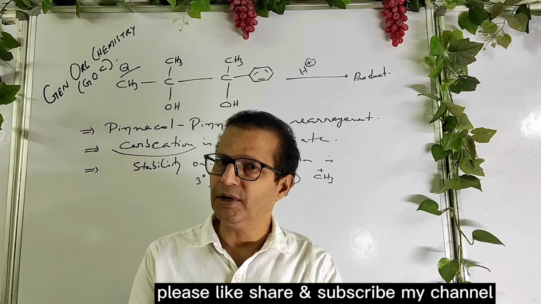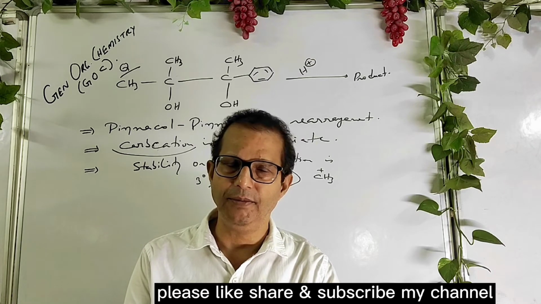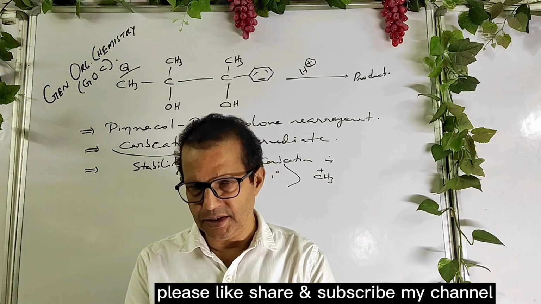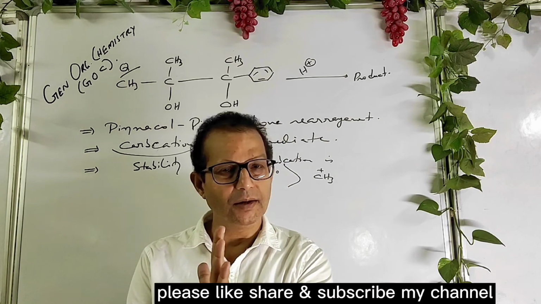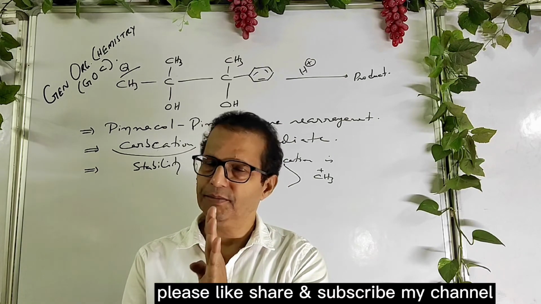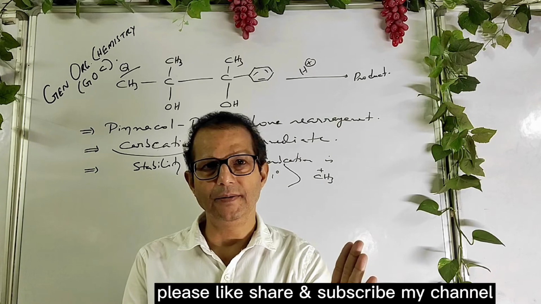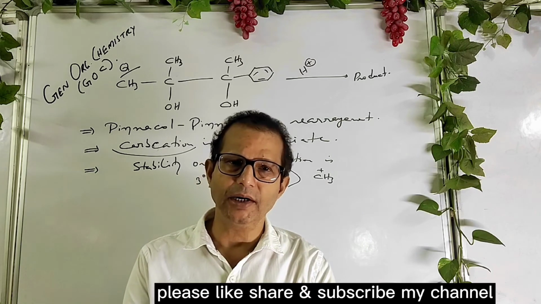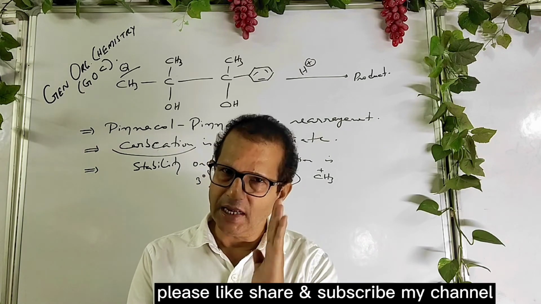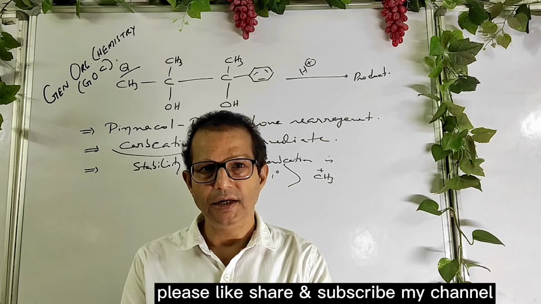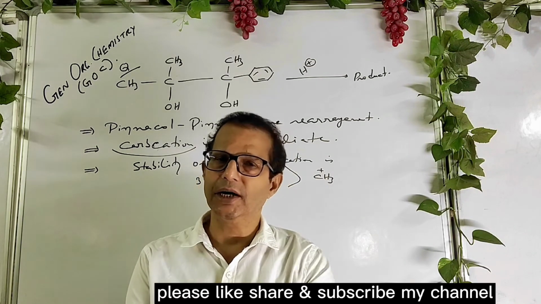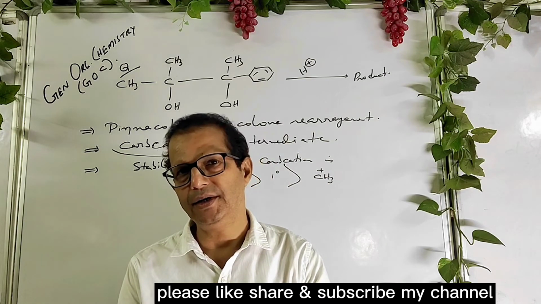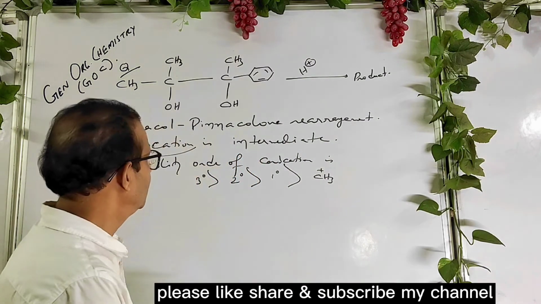If primary carbocation is formed in the first step, it has a tendency to undergo rearrangement to form secondary carbocation that is more stable than primary. If secondary carbocation is formed, then it also has a tendency to rearrange into more stable carbocation, that is 3 degrees. So remember this point, okay.